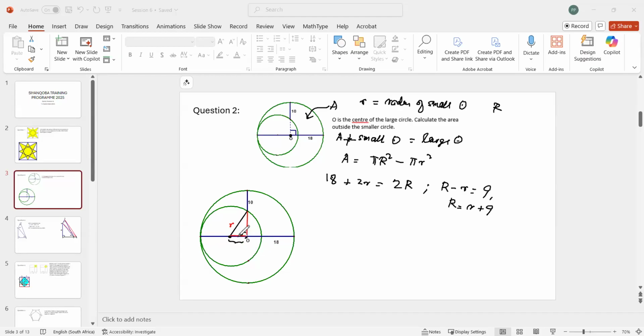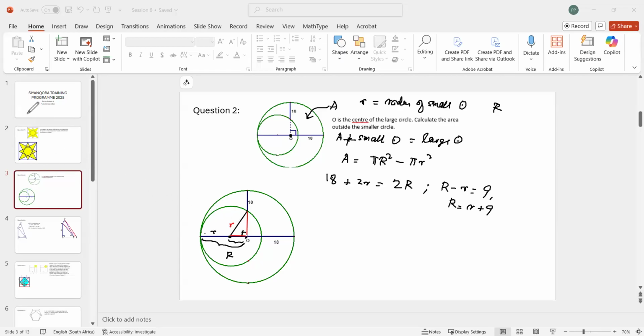This one here is equal to this entire line. This is capital R, and from here to here is small r. Because this is the radius of the small circle, and O is the center of the large circle, this side here is capital R minus small r.